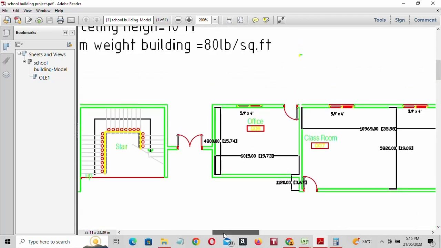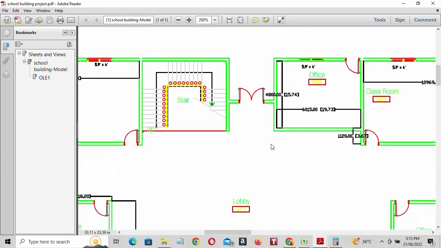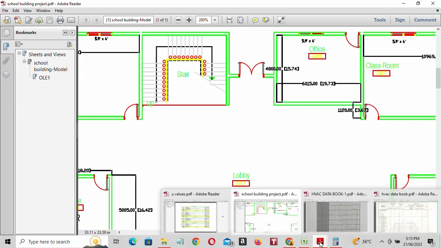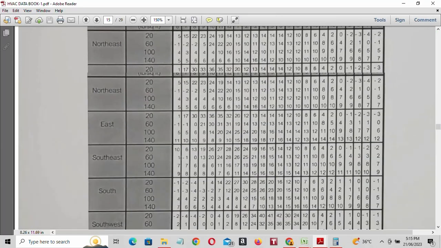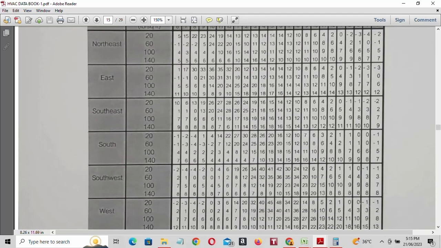See, our medium weight building is 80 lb per square feet. Okay, so here weight of the wall 80, ours is south direction, our wall is exposed to sun in the south direction, we have to check for this area.